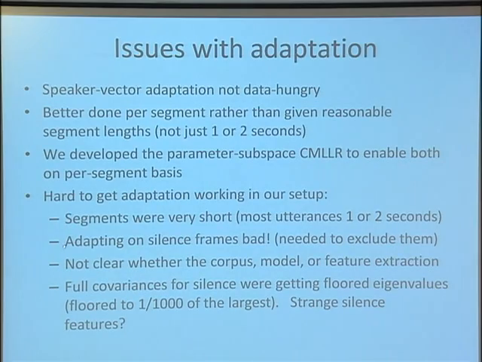So yeah, we had this issue with the silence frames. It didn't work. I don't recall having this issue at IBM, although I think we may have done that by default. There seems to be something slightly weird about our silence model in this setup. We're getting a lot of floored covariance matrices. I mean, they're full matrices, but we do limit the condition of them.